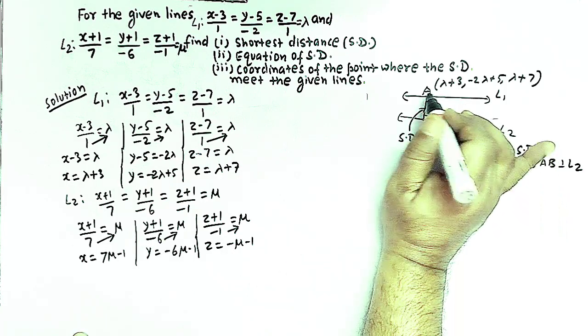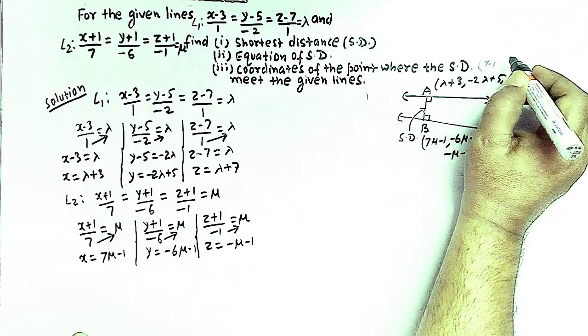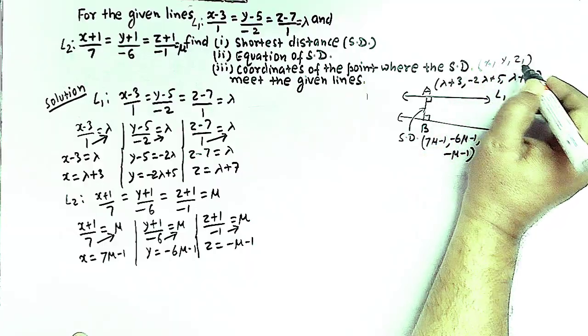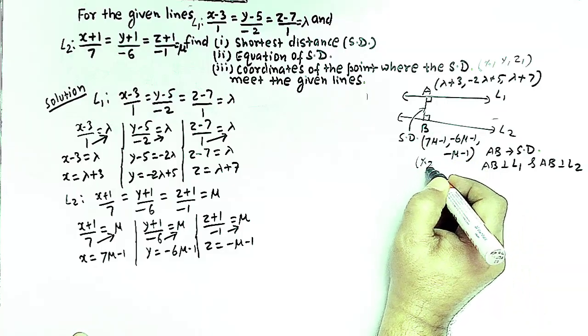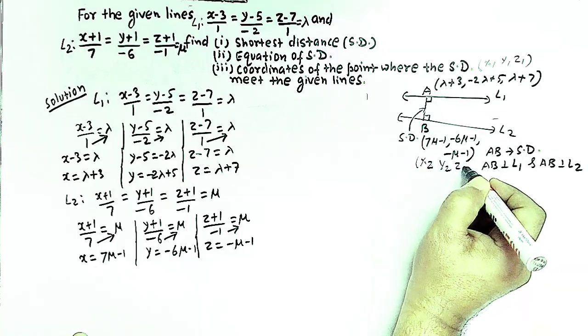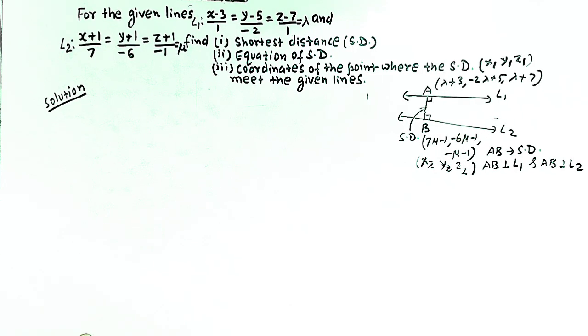So let us take the coordinates A as x1, y1, and z1, and let us take the coordinates B as x2, y2, and z2. So now let us make use of the concept of perpendicular lines.